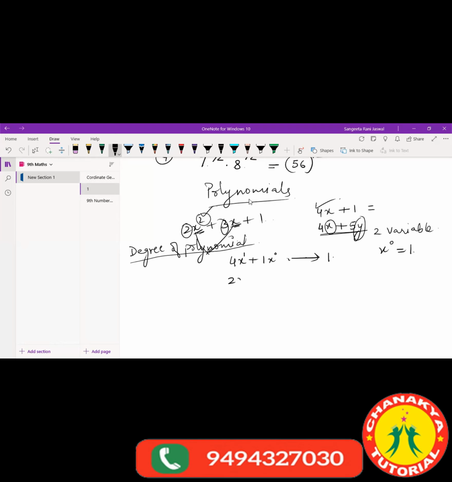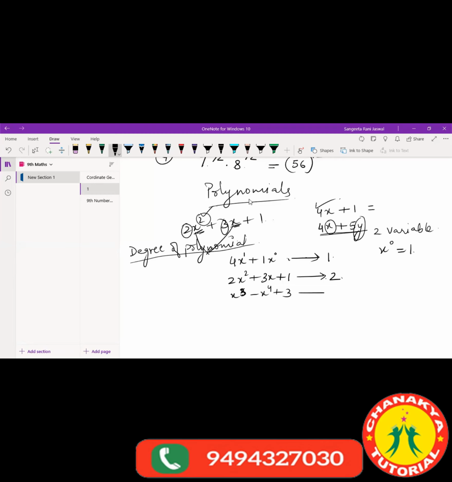Now in this equation 2x squared plus 3x plus 1, what is the degree of the polynomial? Which is the highest power of the variable? That's 2. Highest power 2 है. यहाँ 0 था, यहाँ 1 है, यहाँ 2 है. So that's 2. Okay. If I write some other equation like this, say x raised to 5 minus x raised to 4 plus 3. Sorry, no, we are not going into 5. Let's take it 3.